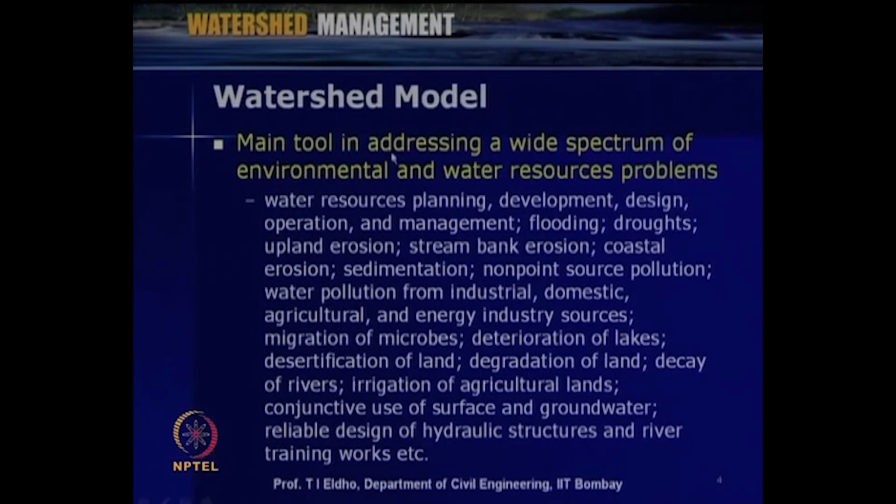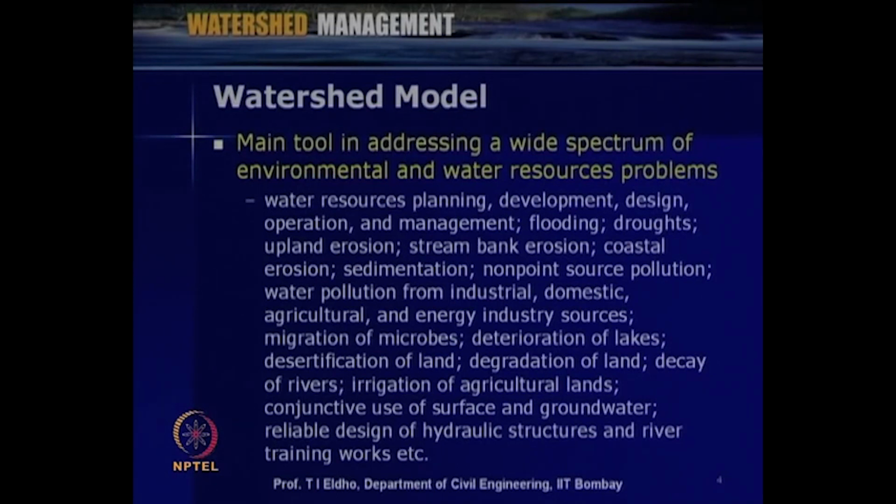As I mentioned, this is one of the important tools to see how the system is responding. We can say that a watershed model is a tool which addresses a wide spectrum of environmental and water resources problems for the given watershed, river basin or catchment which we consider.